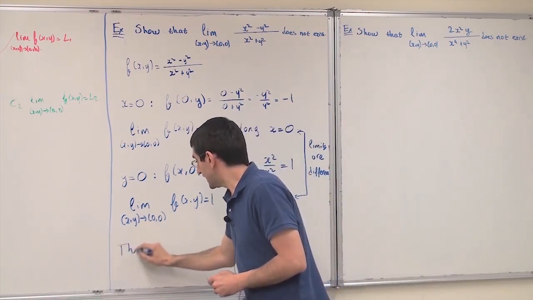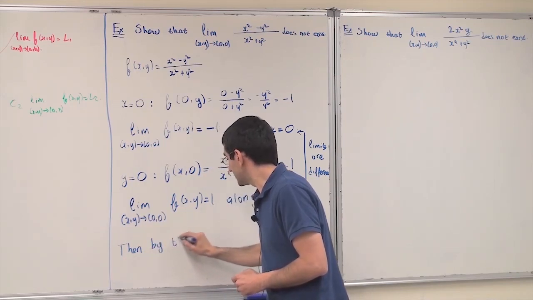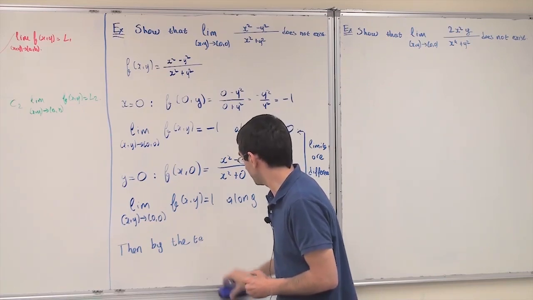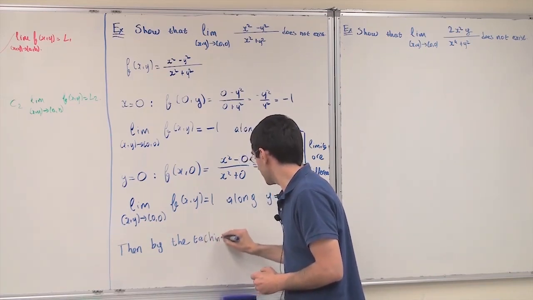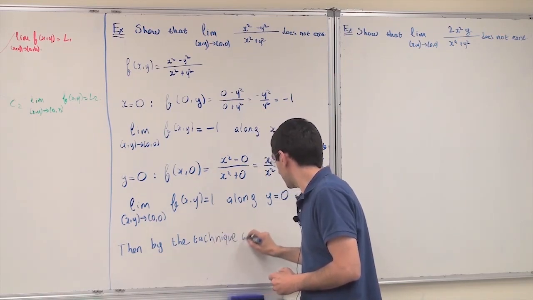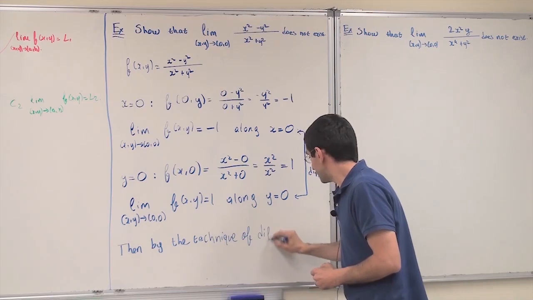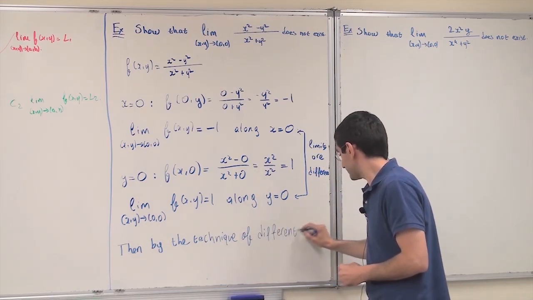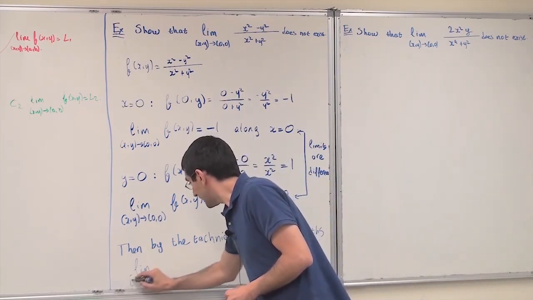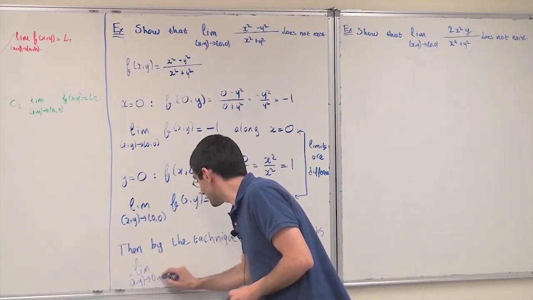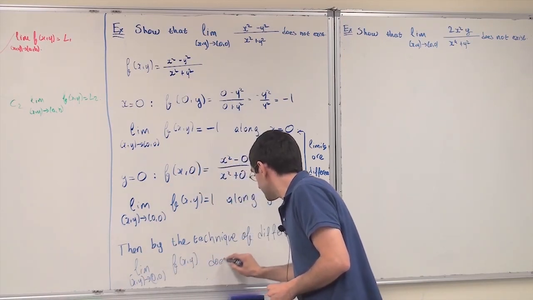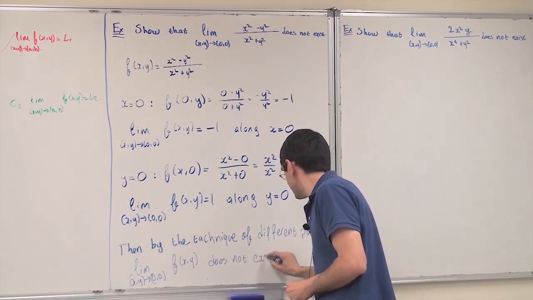So then by the technique of different paths, the limit as (x, y) approaches (0, 0) of f of (x, y) does not exist.